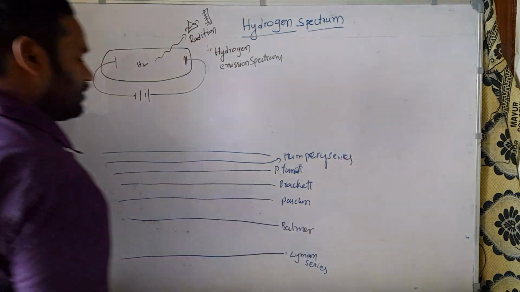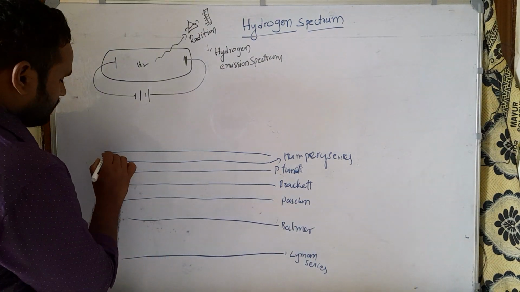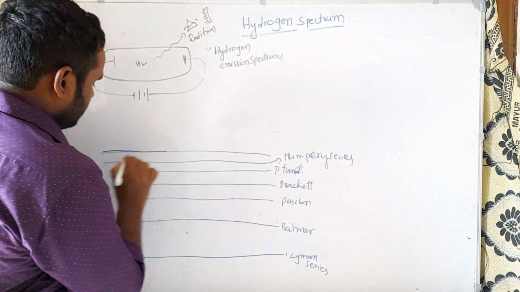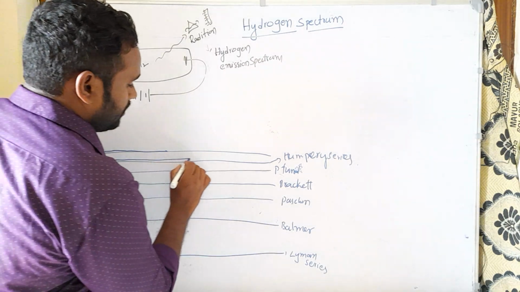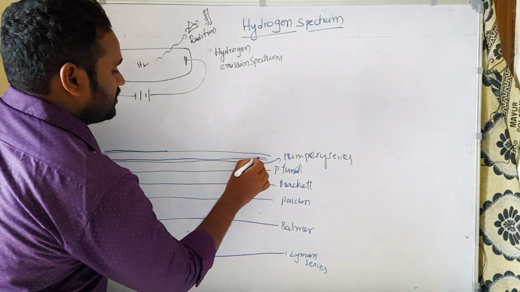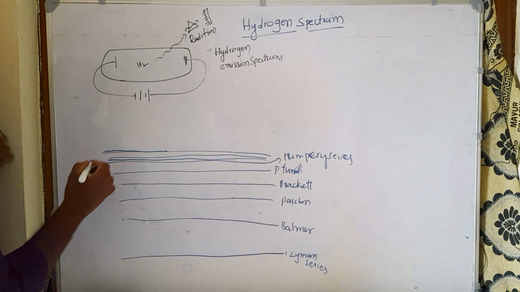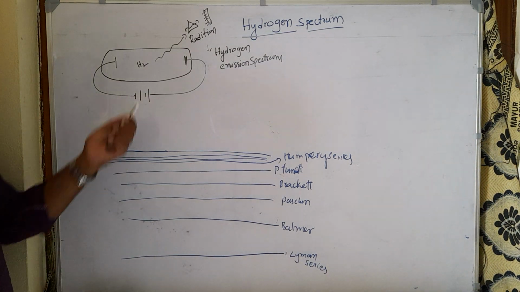So this is the spectrum we observe. These are the different lines we observe in the hydrogen spectrum.